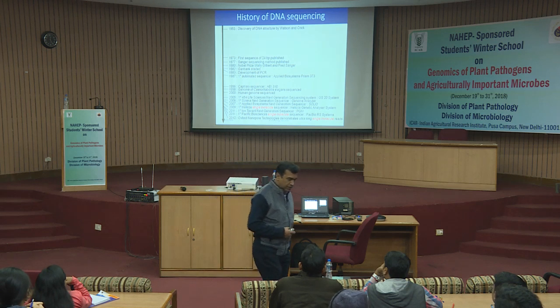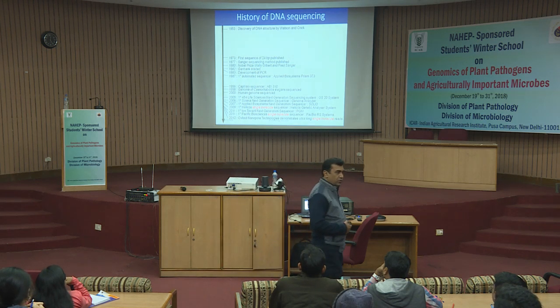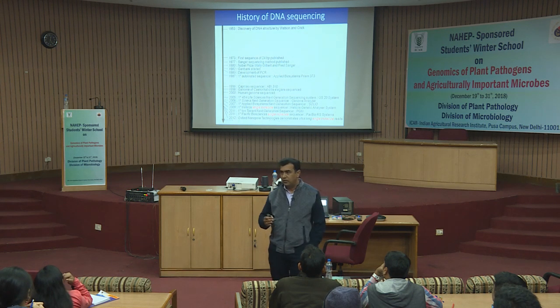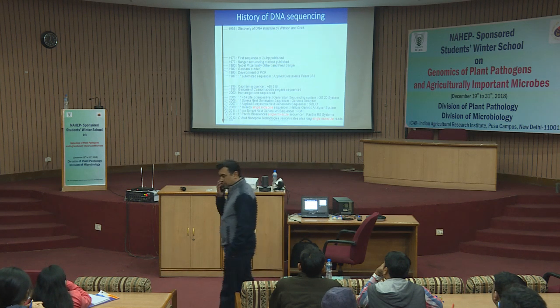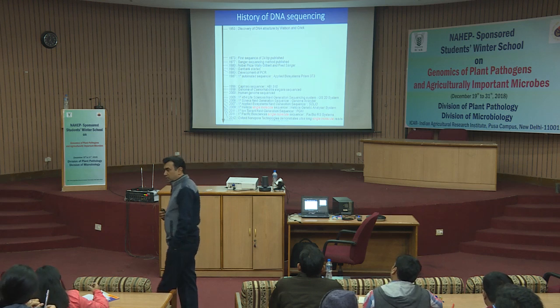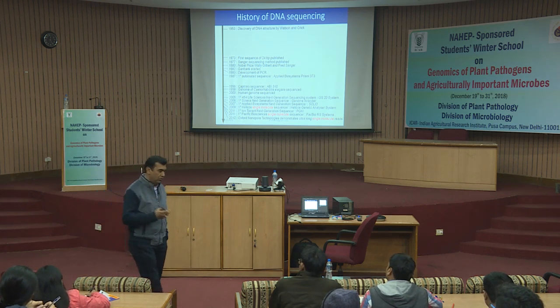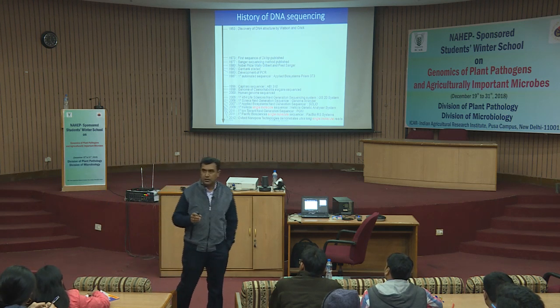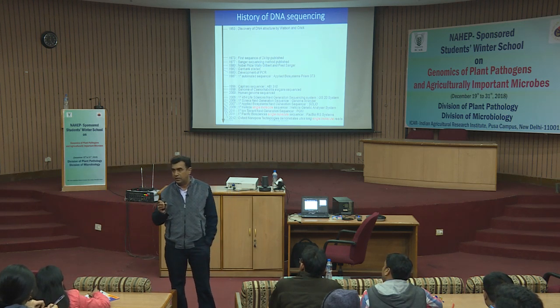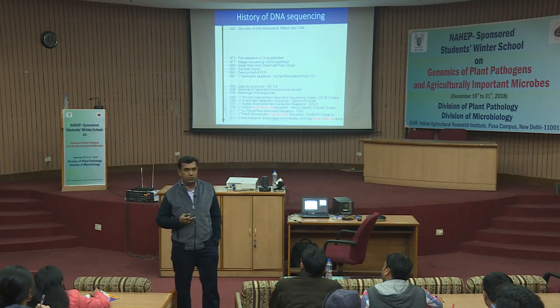Now, if you look at the year 2005, this is where actual genomics started. Although we had a lot of genomes published by the end of the millennium, by 2001, 2002, the major thrust in genomics came only in or after 2005.